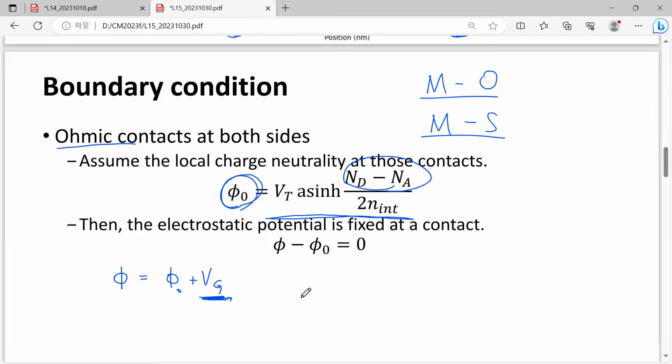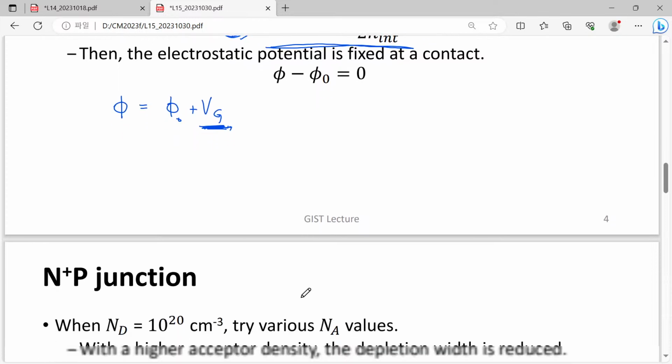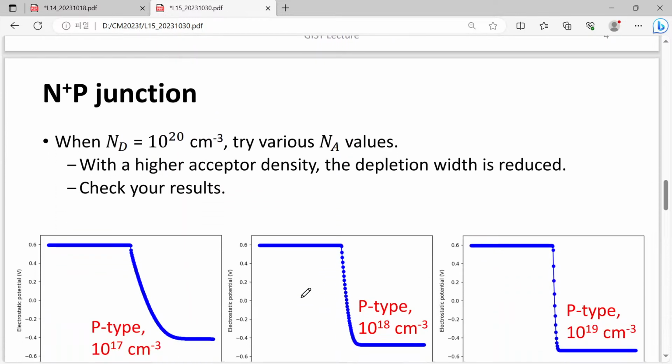Now let's go to our example. This is an N plus P junction. Why do we have a plus here? It is because relatively the N-type dopant is more than the P-type dopant. And of course, to call something N plus, there is some feeling about this number.